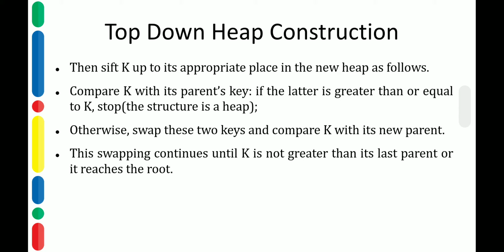Suppose I have inserted a very large element, then other elements will be lesser than it, so we need to exchange them and move this element higher up the heap. How do we do this? We compare k with its parent's key. If the parent is greater or equal, there is no need for adjustment, and this has resulted in a heap itself. Otherwise, if the parent is smaller, then we swap k with the parent.